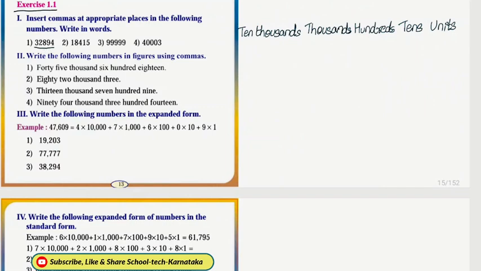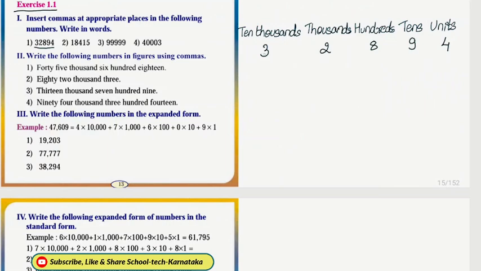So how do we write this number in our place value chart? We start from units place. So at units place we have 4, at tens place we have 9, at hundreds place we have 8, at thousands place we have 2, and at 10,000s place we have 3.